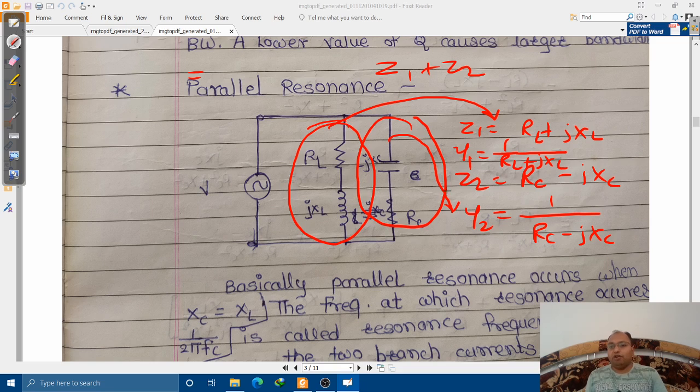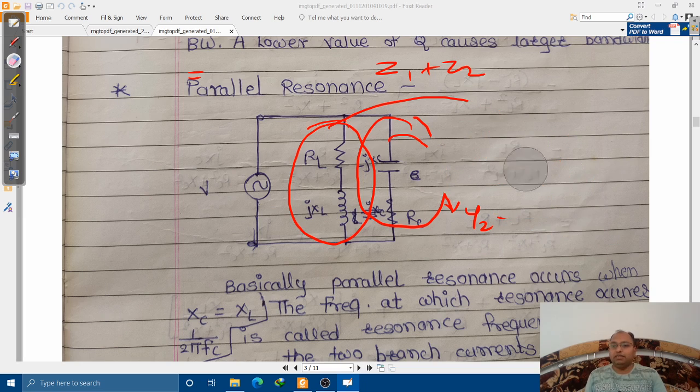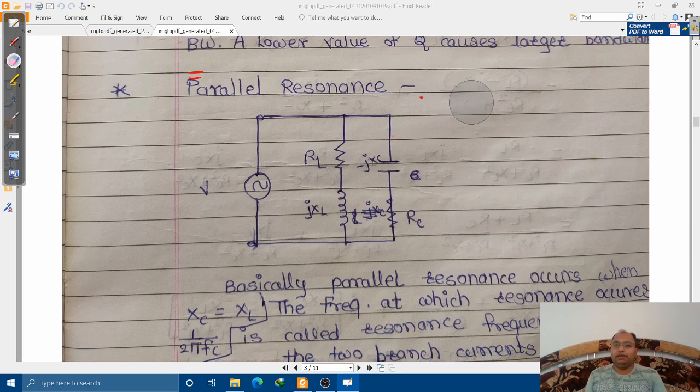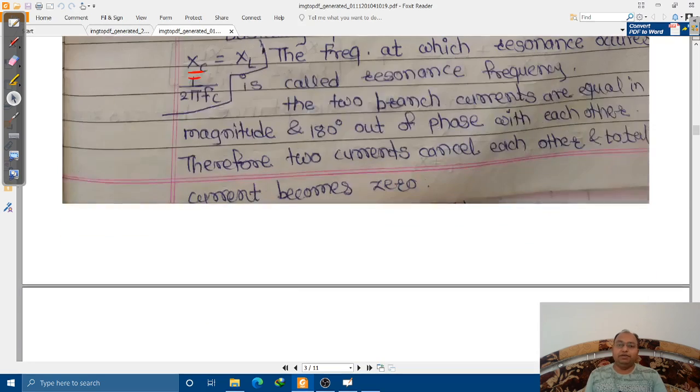Then we have found their admittances by simply taking the inverse, or rather the reciprocal. Instead of finding V divided by I, we have found I divided by V, and that is nothing but my admittance. Now let us add these two admittances, because they are connected in parallel.